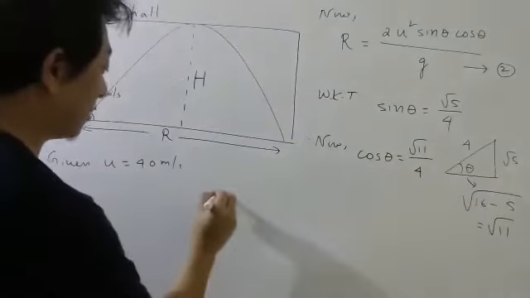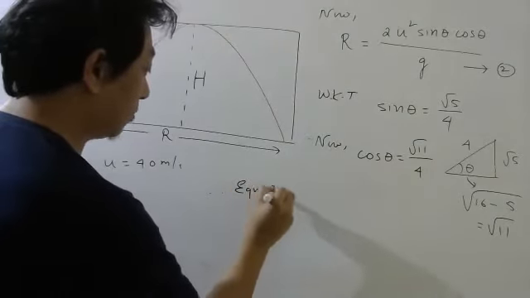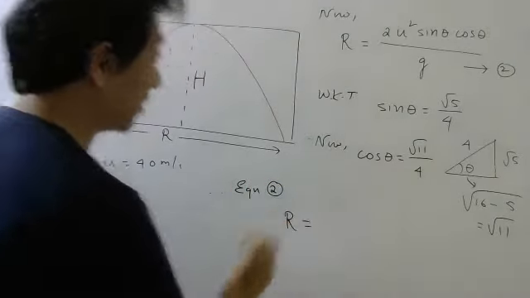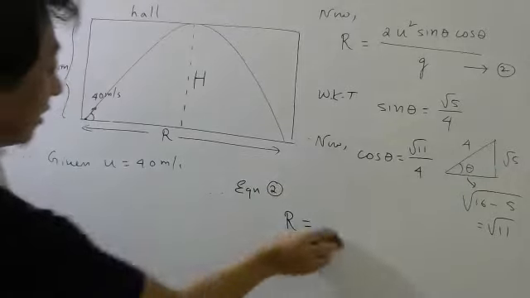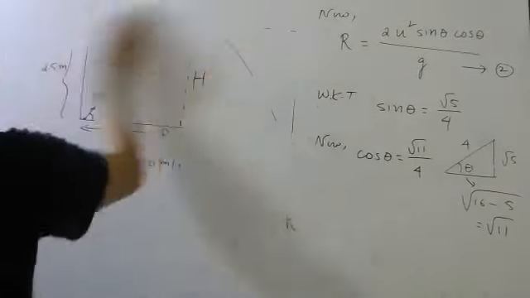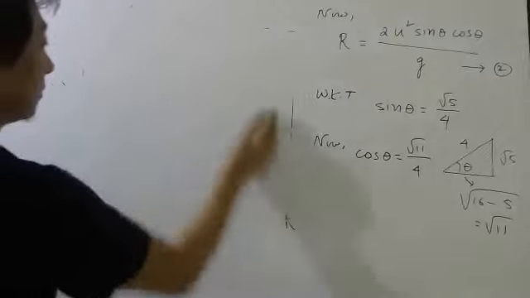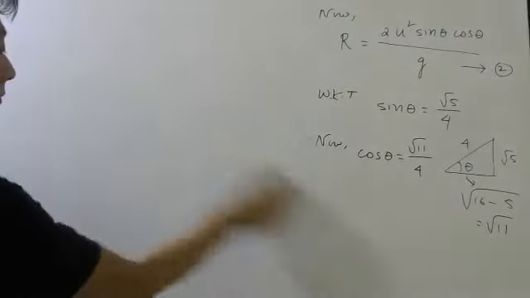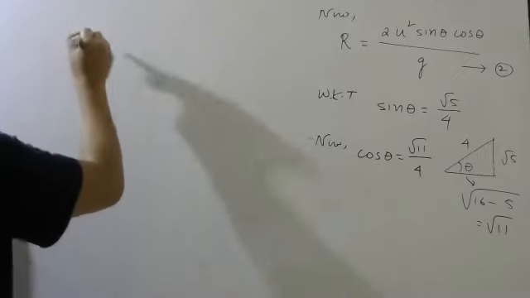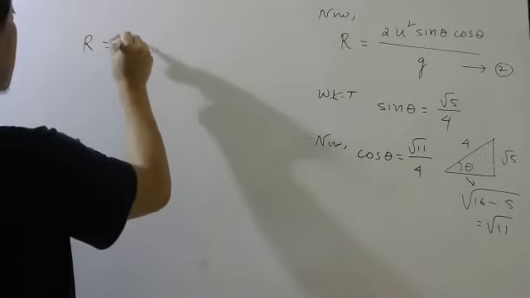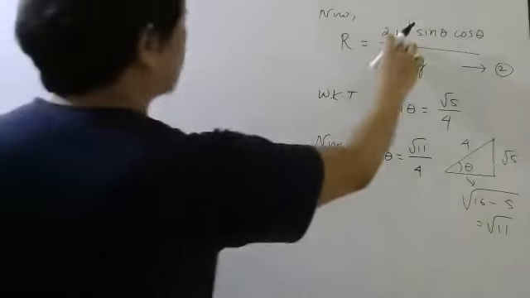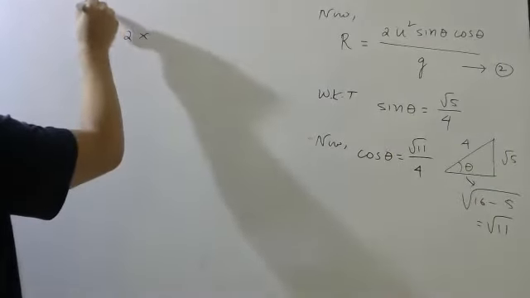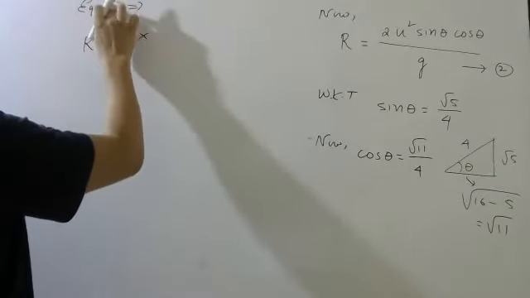So therefore, from equation 2, I can write the range is equal to 2 into u square, okay? Equation 2, na? U was 40, right?